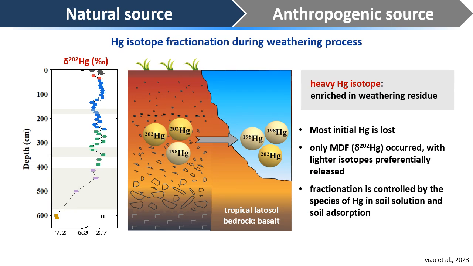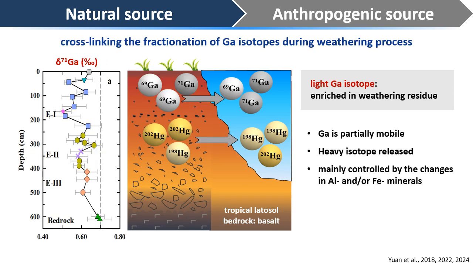So for natural weathering, the geochemical behaviors of metals can be assessed by examining the local weathering residue. And here I give you a first investigation of mercury isotopes during weathering processes. What we can see in this picture is that only mass-dependent fractionation occurred, with light isotopes preferentially released into solution, and this fractionation is mainly controlled by the species of mercury in solution and also the related adsorption.